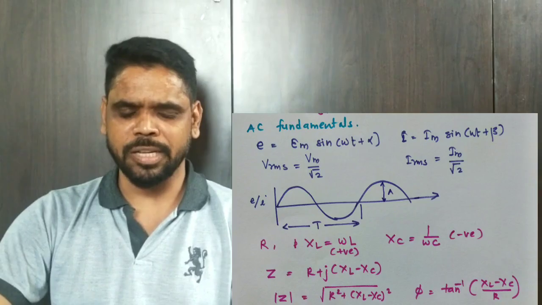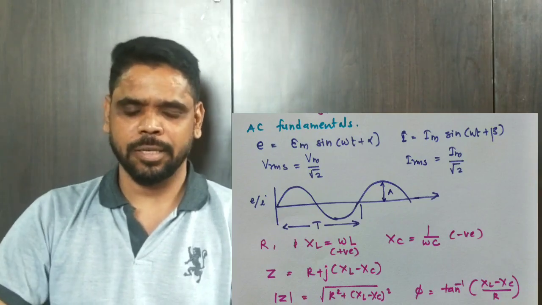Now, while simplifying the network, we need to deal with AC circuits also. That's why, prior to starting with the simplifications, we must know some fundamentals about AC circuits, AC fundamentals. Like we'll consider an AC EMF and AC current, as shown in the figure.